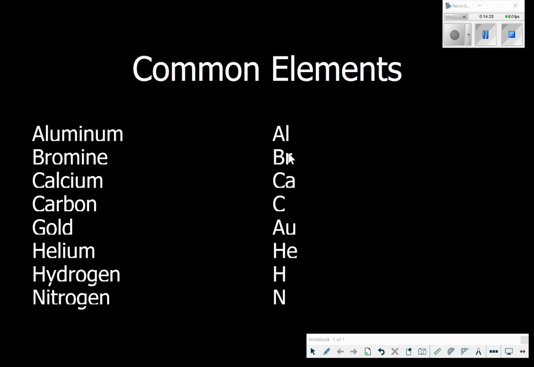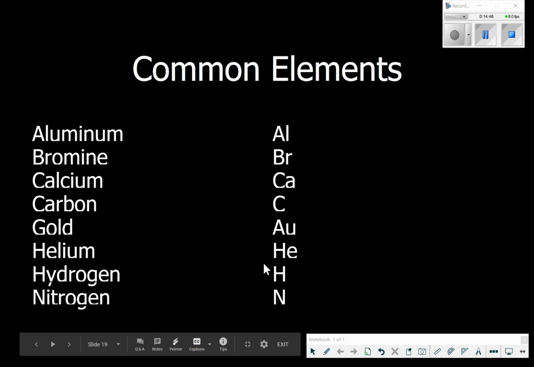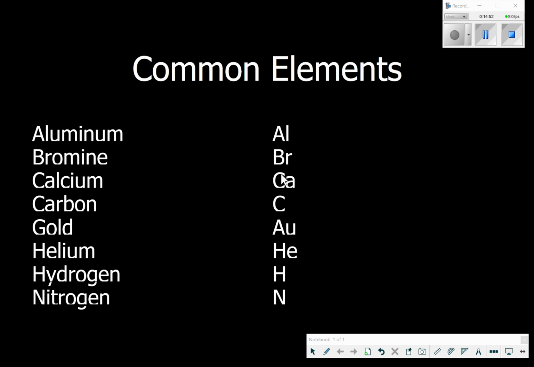Bromine is Br. Calcium is Ca. Carbon is C. Gold is Au. Helium is He. Hydrogen is capital H. Nitrogen is capital N. One of the things that I want you to pay attention to is the first letter is always capitalized, but the second letter is always lowercase.